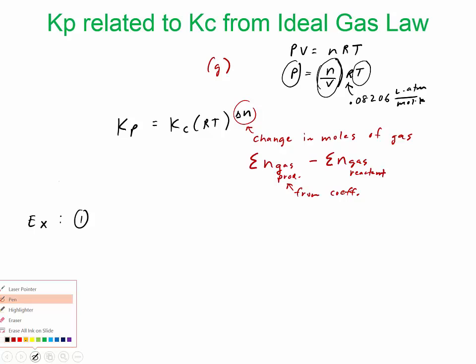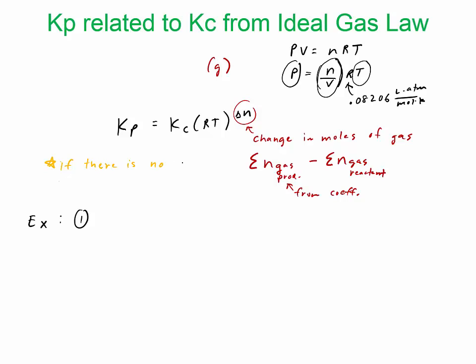If there is no change in moles, in other words, if delta n is 0, then Kp will equal Kc because this number will be 0, and then you'll just be taking RT to the 0 power, which is just 1. Anything to the 0 power is 1. Okay, so Kp will equal Kc if that ever happens. I don't think that's going to happen in this one.